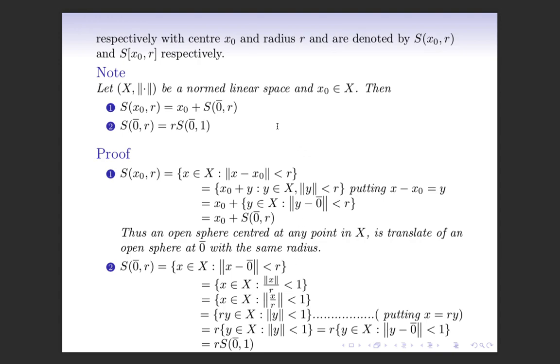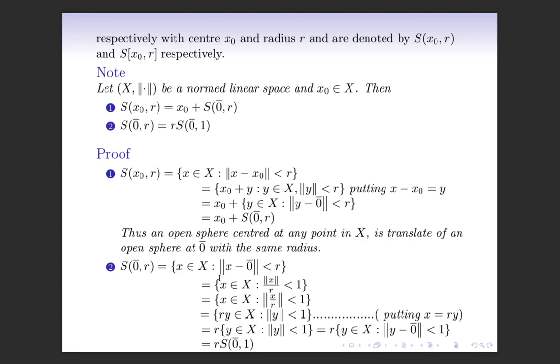Now, we prove the second result, that is, an open sphere with radius r can be expressed in terms of an open sphere with radius unity. Let us prove this result. Open sphere with center 0 vector and radius r is, by definition, the set of all x such that norm of x minus 0 vector is strictly less than r.